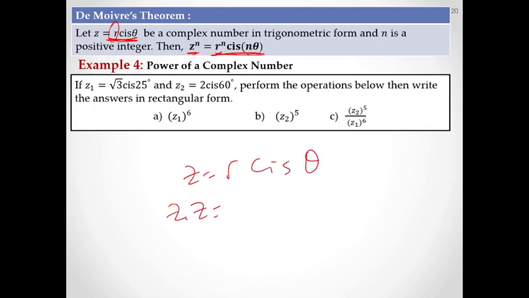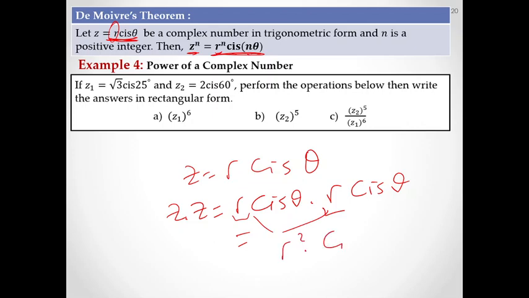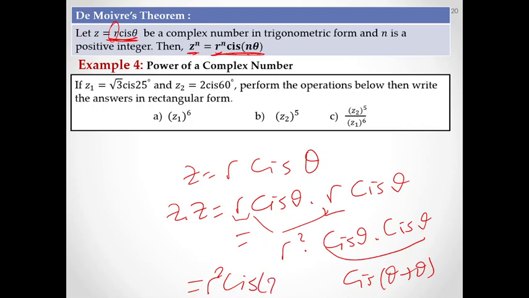Now z times z is what? This will give you r squared, CIS theta times CIS theta. From the previous property, it's CIS theta plus theta. So it gives you r squared times CIS 2 theta. So it will be z squared. So if you do it more, you'll get this formula here.